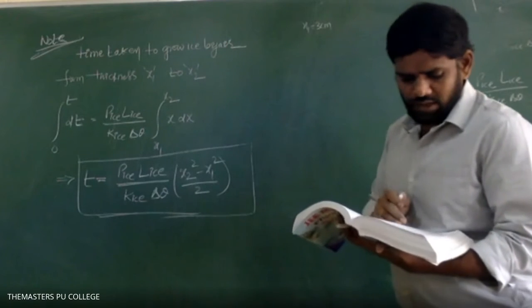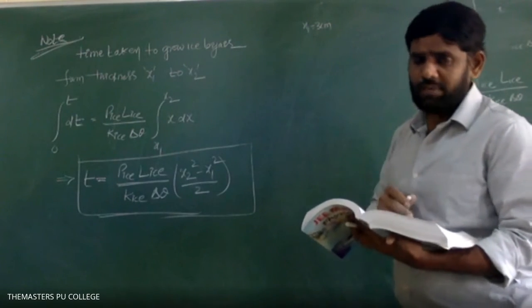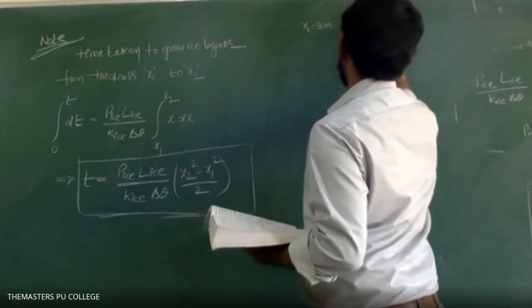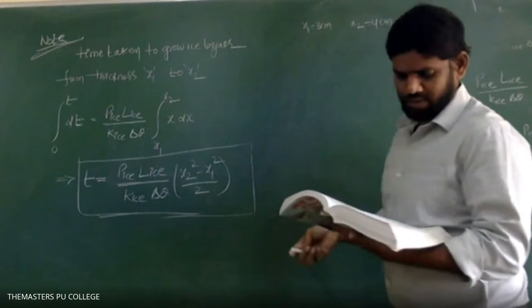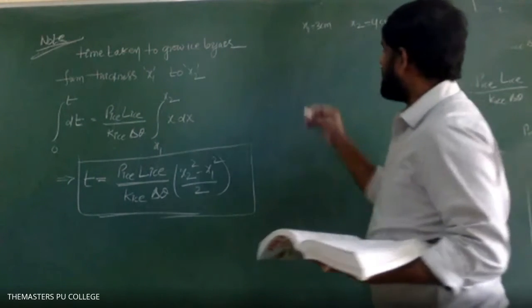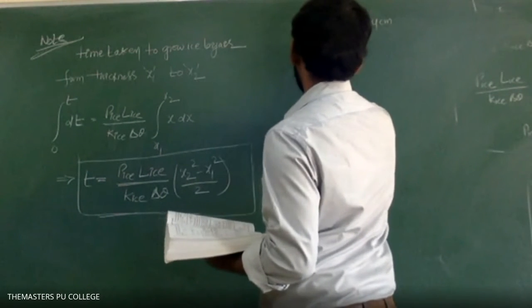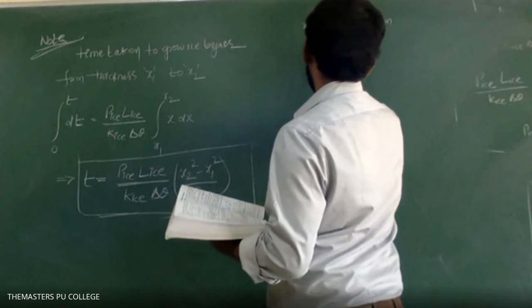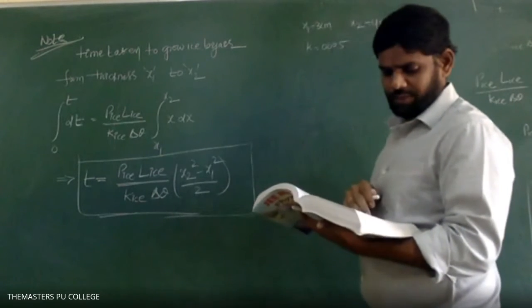If it is increased by 1 centimeter, what will the final thickness become? x2 is equal to 4 centimeter. The value of K they have given is 0.005 CGS units.